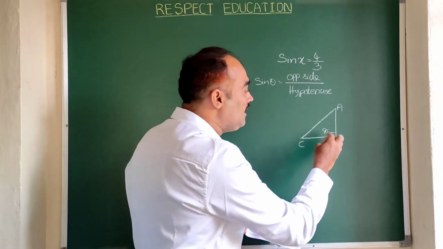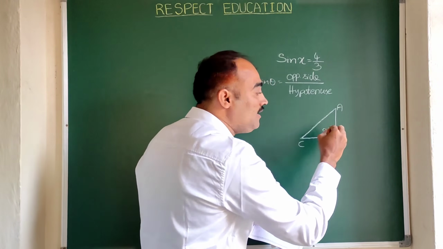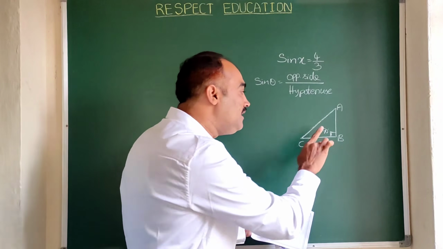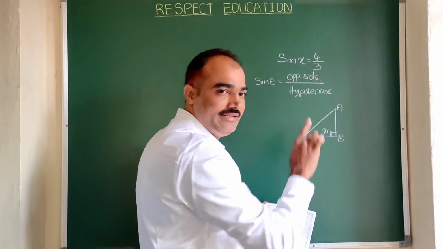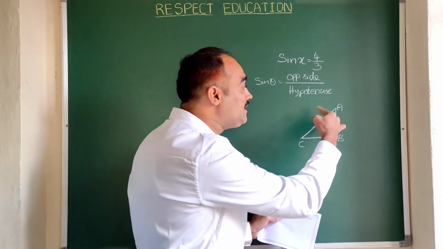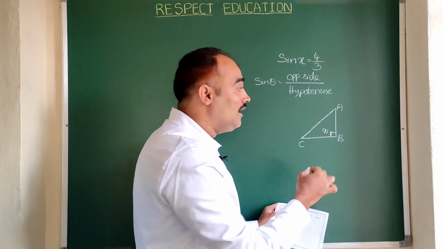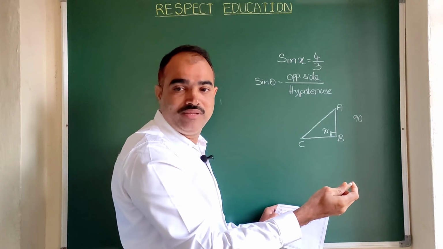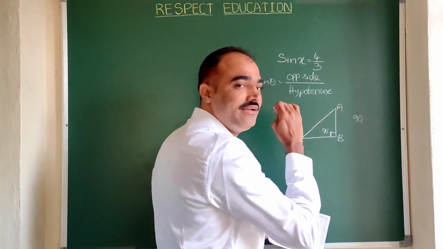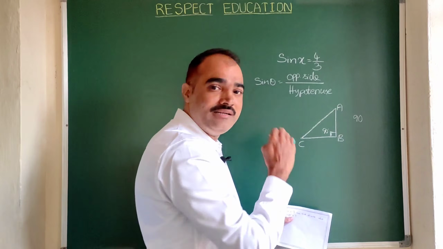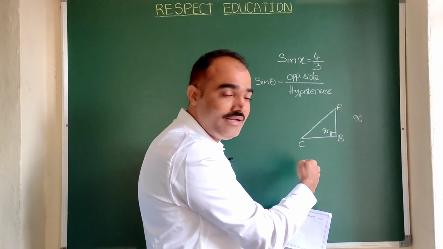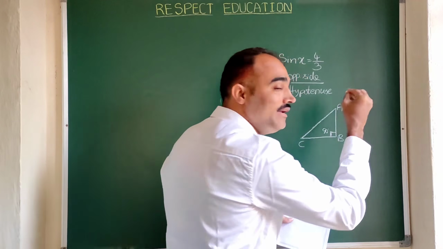Think once again: what is the sum of the three angles? 180, in which angle B has taken 90. Then how much angle will be shared by A and C? 90 can be shared. It may be 45, but it is not absolutely necessary that they share equally. It may be 60-30 or 30-60, 45-45, 50-40, but the sum should be 90.